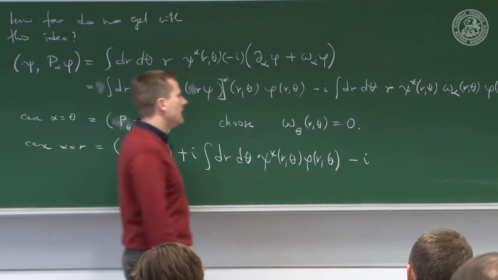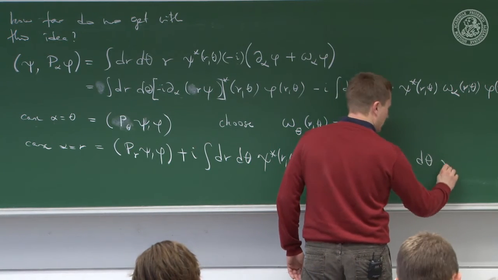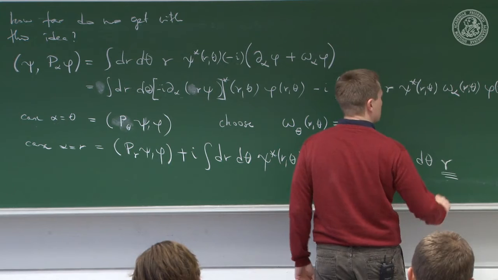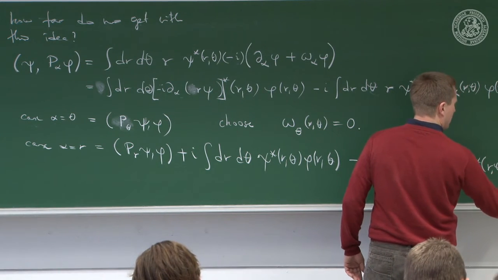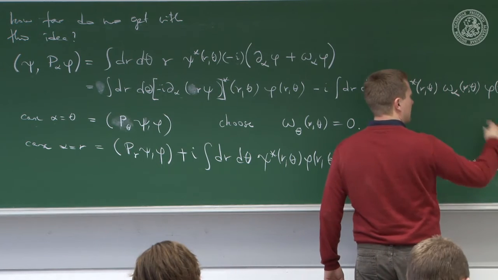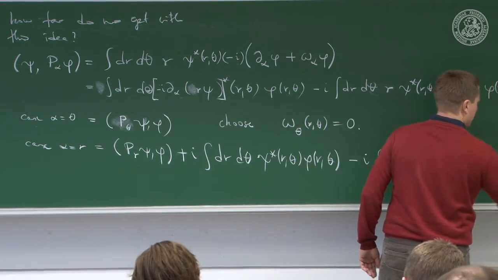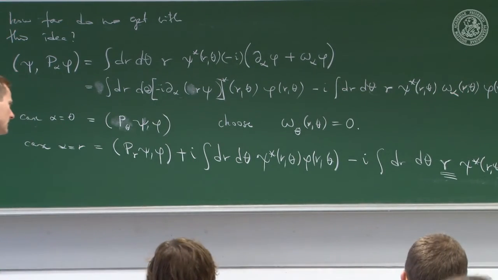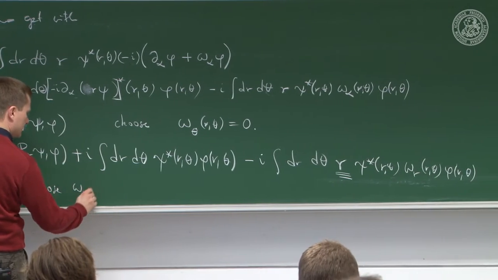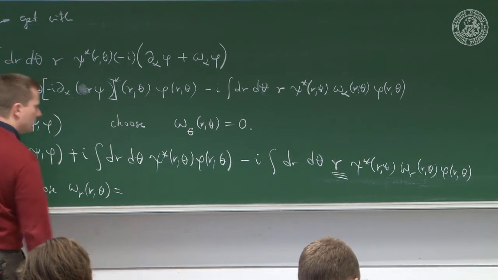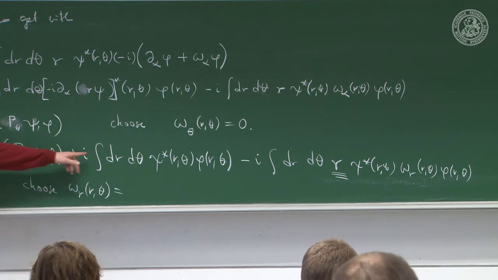You're positive? Okay. And then now here we have a minus I, integral dr d theta r. So there is an r. Otherwise, it's the same psi star r theta omega sub r, because we're in the case alpha equals r, of r and theta, and phi of r and theta. Now, it doesn't take a big genius to see how to choose omega r to make this work. Namely, omega r needs to be chosen in order for these two terms to cancel.